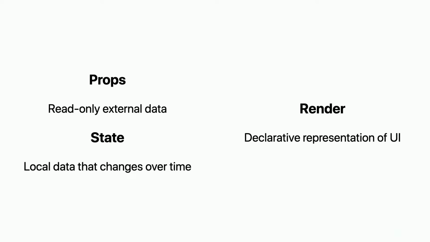State is local data that changes over time. So anything that you have heard of that is stateful has this kind of idea that it is going to change over time. So props and state are used in this way, in the rendering of a component, to declare a representation of the UI. So that's what I mean when I say that rendering is a function of props and state.